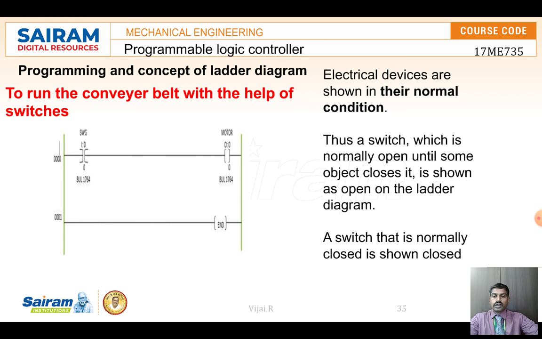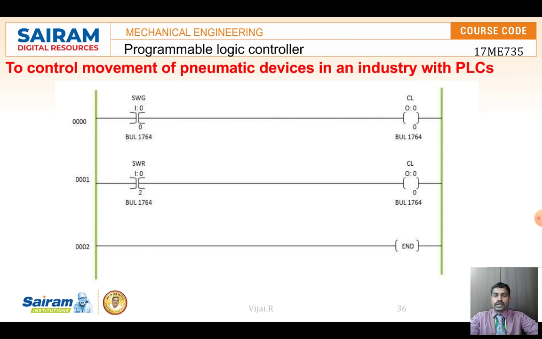It is normally open until some object closes it. So it is open until some object closes it; we call it normally open. And if it is normally closed, then someone has to open it. That is normally open and normally closed switch. Along with this, it is connected with the motors or sensors or whatever it is.